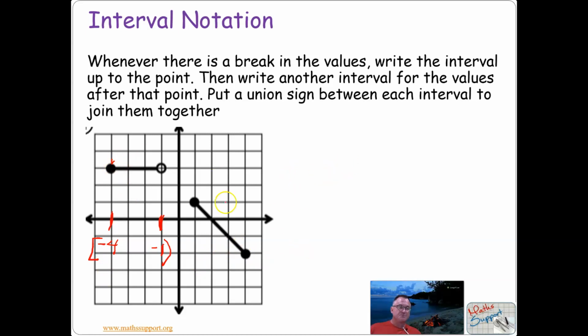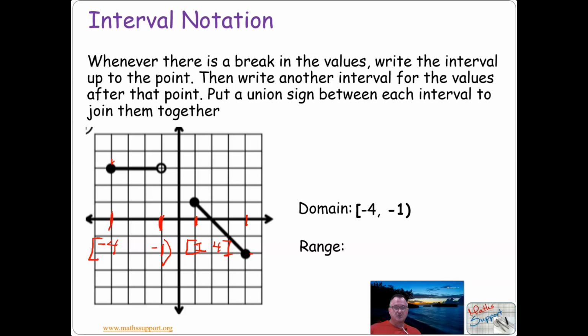So that's the first part of my domain. Then this is the x-coordinate 1, and that's going to be a bracket. And then this is the x-coordinate 4, and it's a solid dot, so that's a bracket. So my domain is going to be the union of those two intervals.